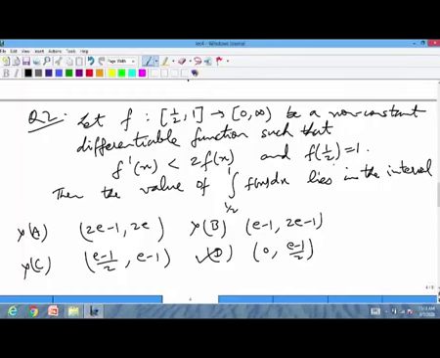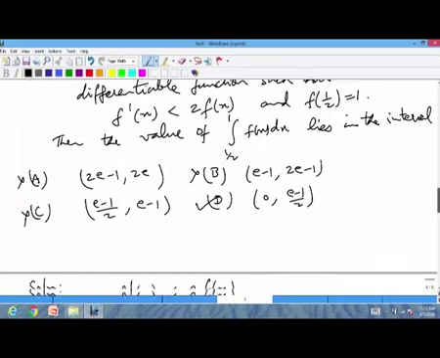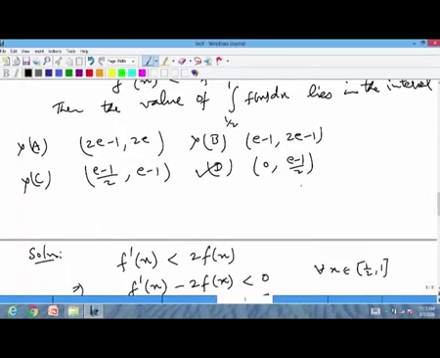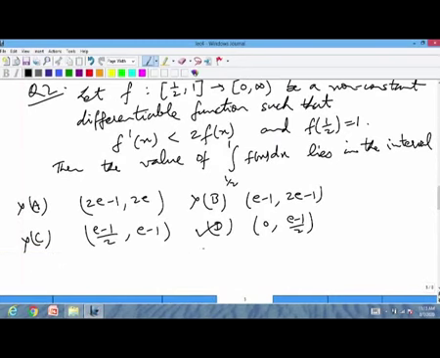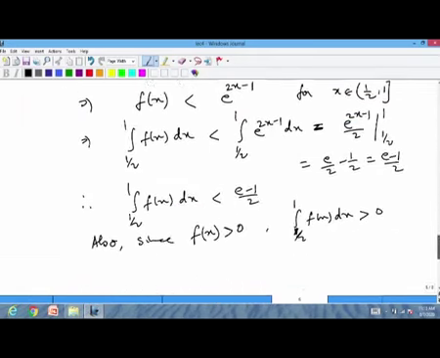We can take f x equal to 1 for all x in this interval, that satisfies f prime x will be 0, which is less than 2 times f x, and in that case this integral, because f x is equal to 1, is simply equal to half, and half clearly lies between 0 and e minus 1 by 2. So, one can easily get that option D is correct, but if we are given that f is non constant function, then we cannot be sure that this is correct unless we solve this.